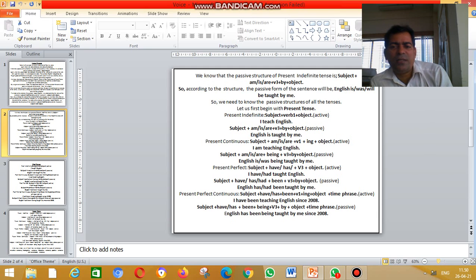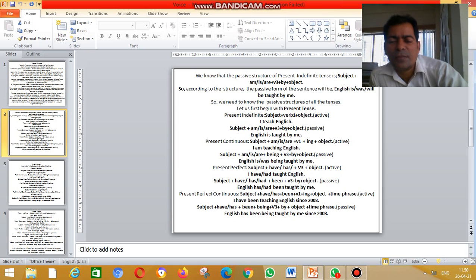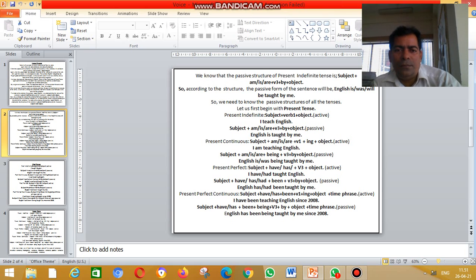So here in this slide I've shown the present tense. There are four subgroups: indefinite, continuous, perfect and perfect continuous. And here you can see the structure, both active and passive structure of the tense. So now let's see. We need to know the passive structure of all the tenses. Let us first begin with present tense.